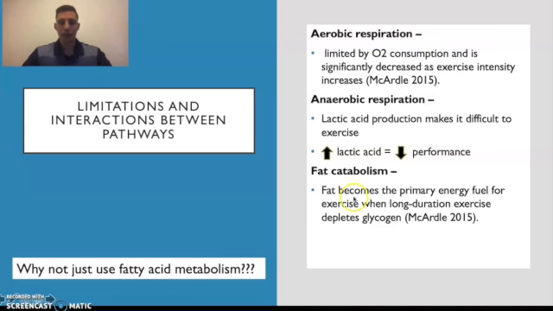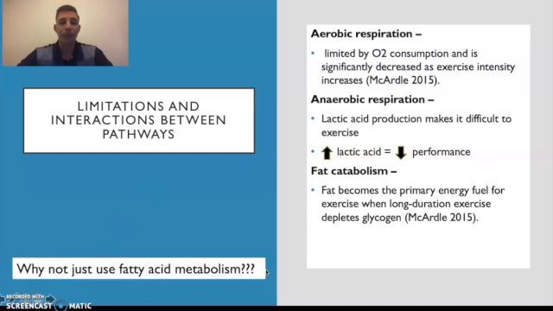So I just threw something in here too. The increase of lactic acid equals the decrease in performance, and that is seen in study after study, which is why it's really hard to use glucose as exercise intensity increases. And so with fat catabolism, fat becomes the primary energy fuel for exercise when long duration exercise depletes glycogen.